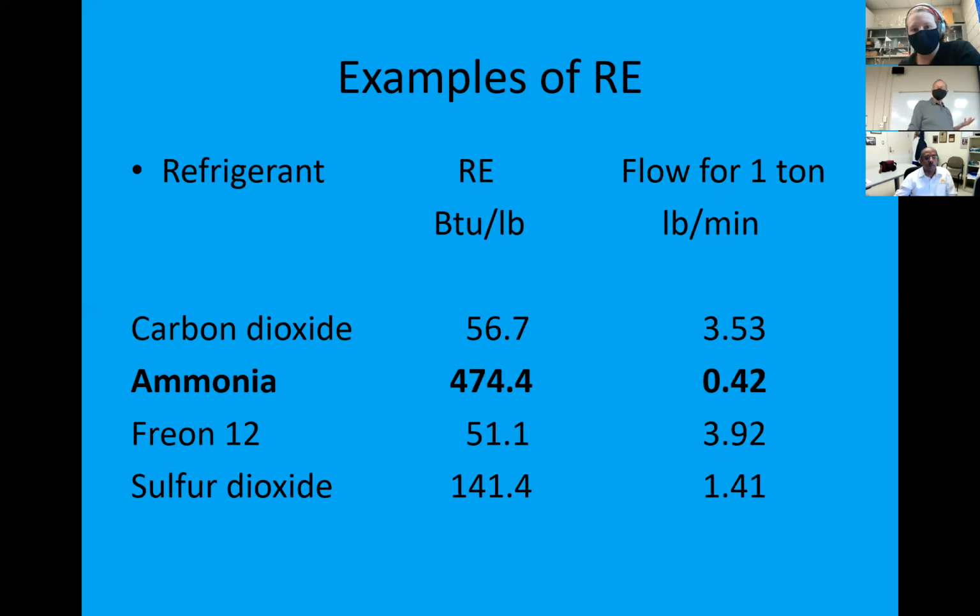What's the one that jumps out at you right away? Well, I suppose, especially since I highlighted it, bolded it, is ammonia. Look at that refrigeration effect, almost 500 BTUs per pound. Freon 12, very common, still very commonly used in refrigerators, air conditioning units, your car air conditioners, and so forth.